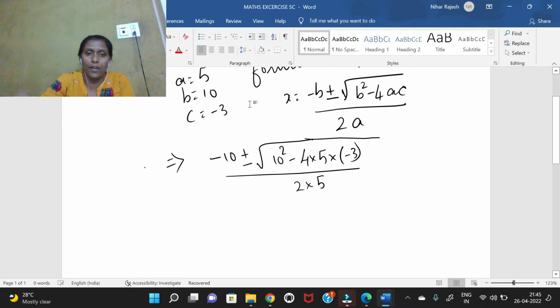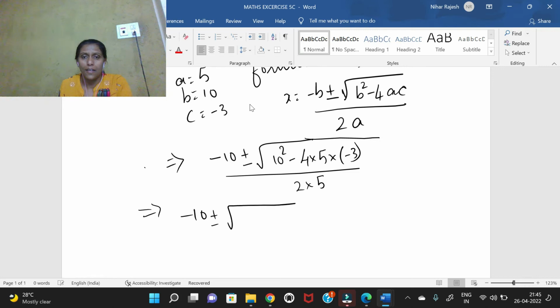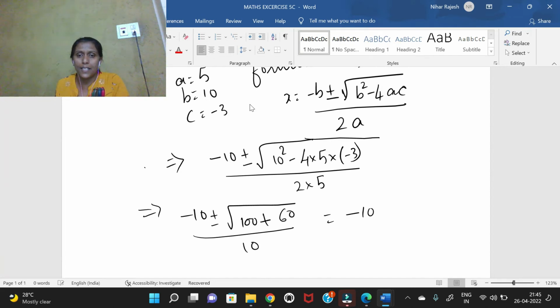Alright, now let us go next. Minus 10 plus or minus 10 square is 100, minus into minus is plus. Here it is 4 5 is 20, 20 3 is 60, divided by 10. So minus 10 plus or minus 160, right?